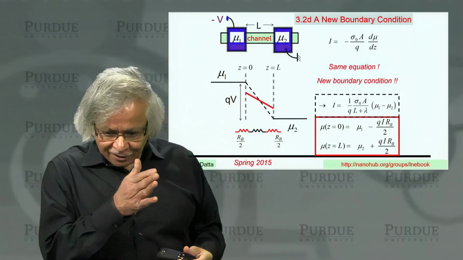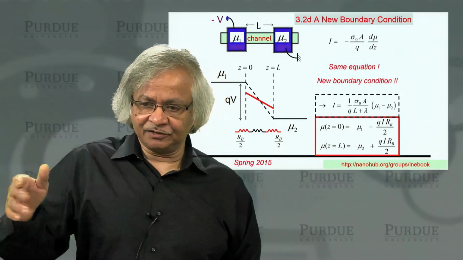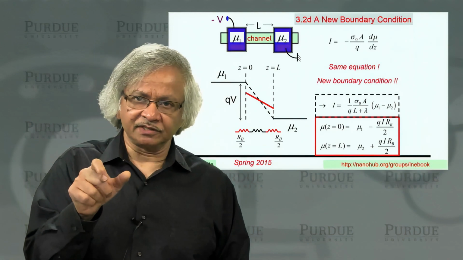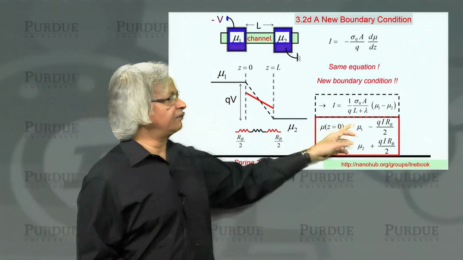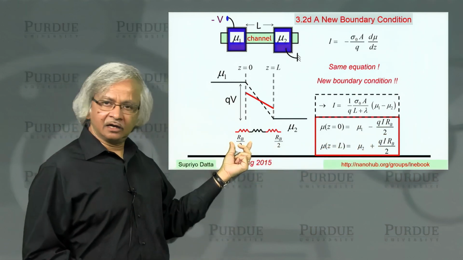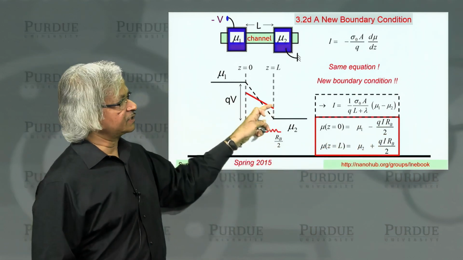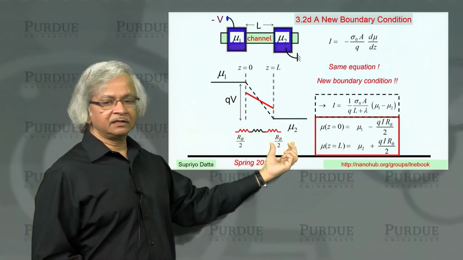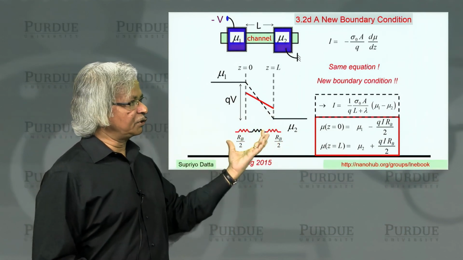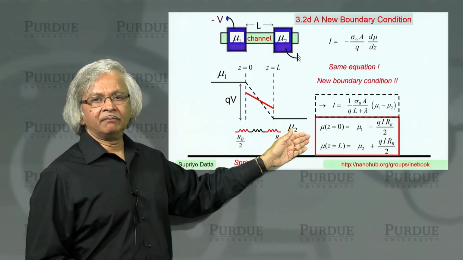Because in any series circuit of resistors, when a current flows, the drop is current times the resistance. So if you have a drop of I times RB over 2, it means there's a resistance RB over 2. Similarly, there's a drop here, and that's another RB over 2. See? So that's how you could pictorially represent this boundary condition.